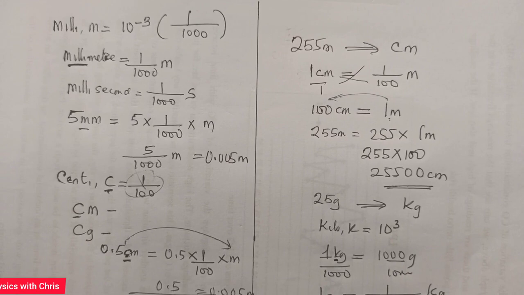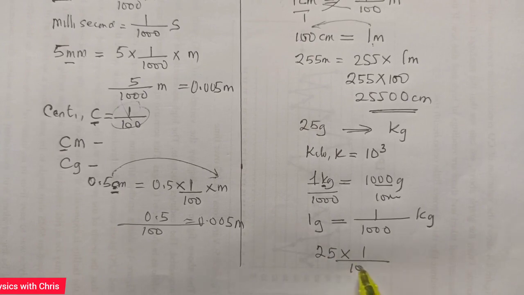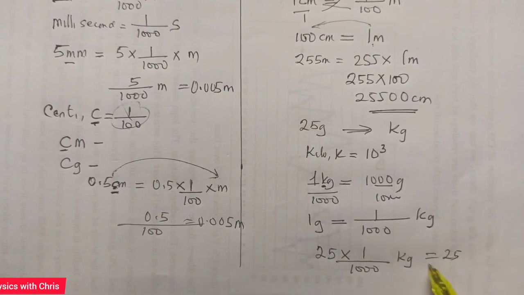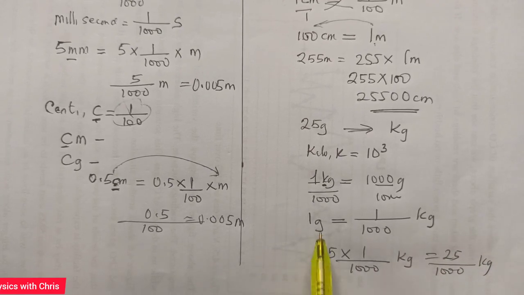So that if you want to convert 25 grams to kilogram, it becomes 25 times 1 over 1000 kilograms. That will give you 25 over 1000 kilogram.